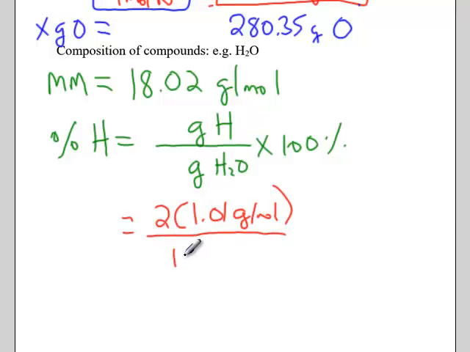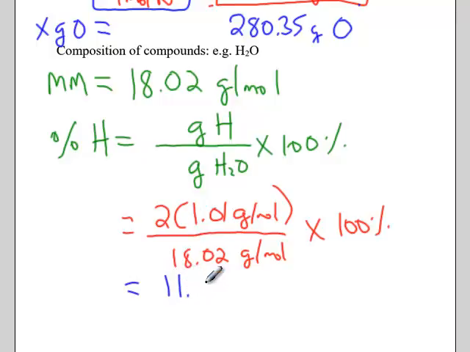And the total was 18.02 grams per mole. Then multiply by 100%. So if you do this math, you'll get that the percentage of this by mass that's hydrogen is 11.2%.